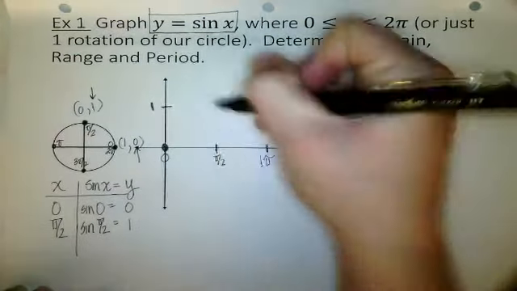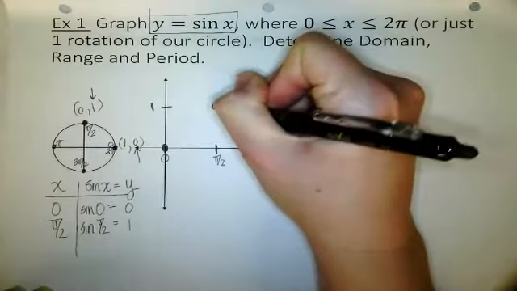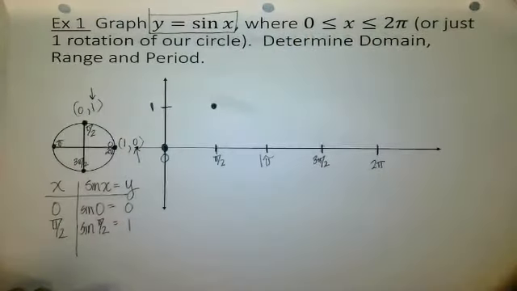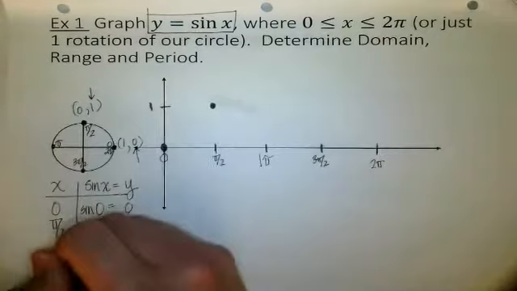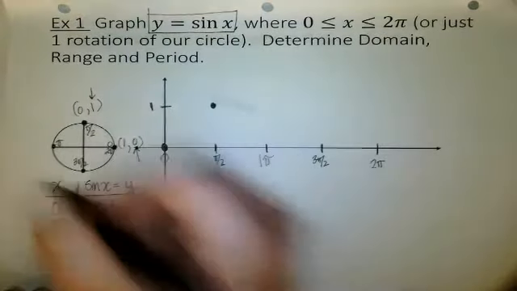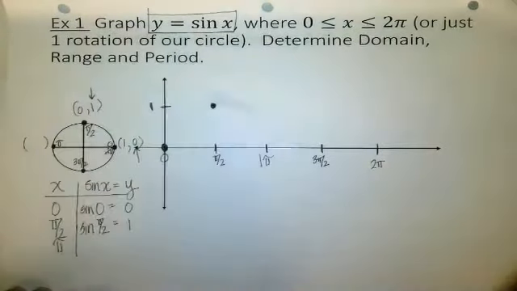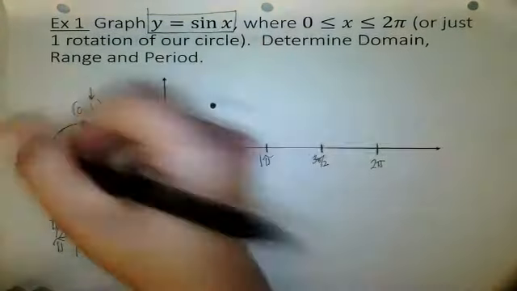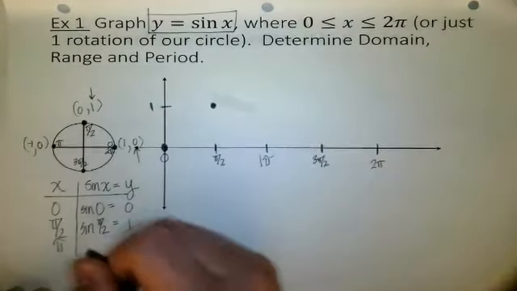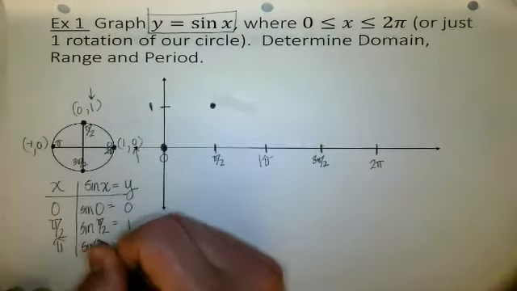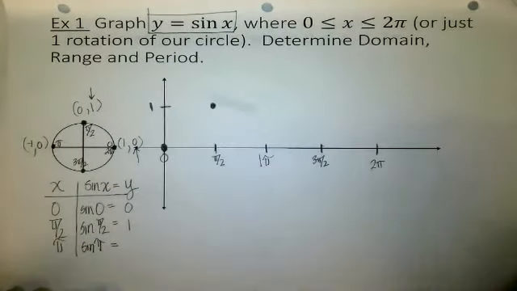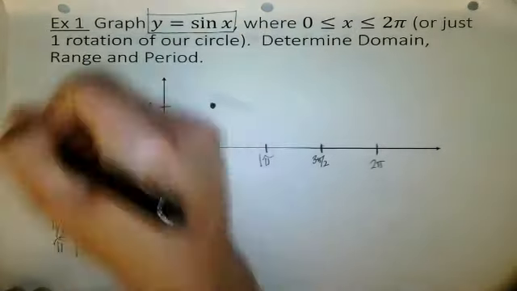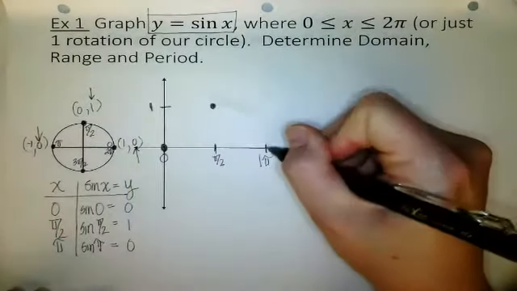At pi over 2, we have an output of 1. Then we want to know next what happens at pi. What's our ordered pair at pi? Negative 1, 0. So what is the sine value at pi radians? Back to 0. Sure, right there, the y coordinate 0.